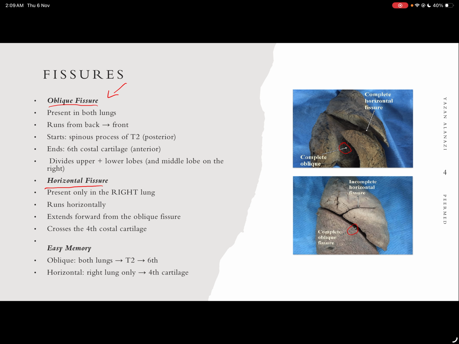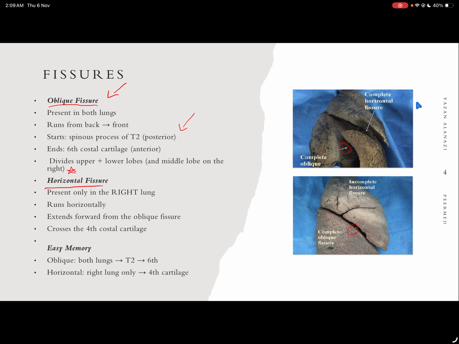Where it starts and ends is not necessarily needed, but we should know that this is the most important fissure, which divides the upper and lower lobes, and the middle lobe on the right side, because the left side doesn't have a middle lobe.